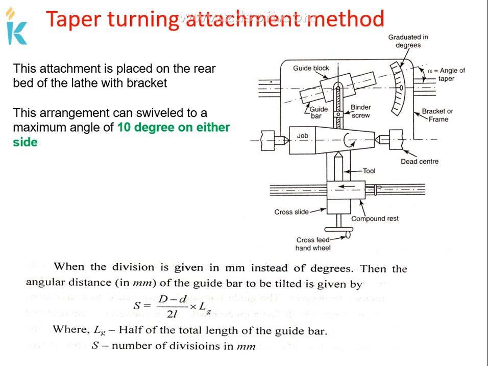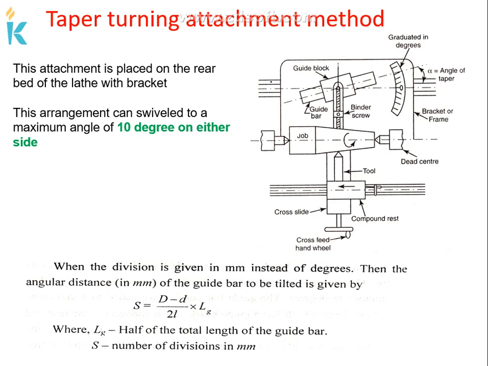So on both sides we can swivel the arrangement about 10 degrees. Then the formula for this method: S equals (D minus d) divided by 2L, into Lg, where Lg is half of the total length of the guide bar. S is the number of divisions in mm.